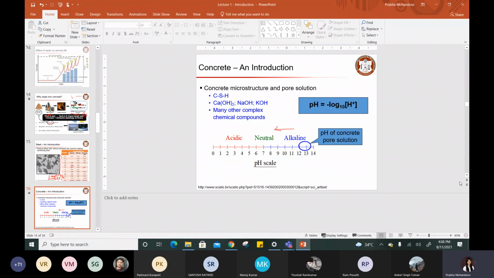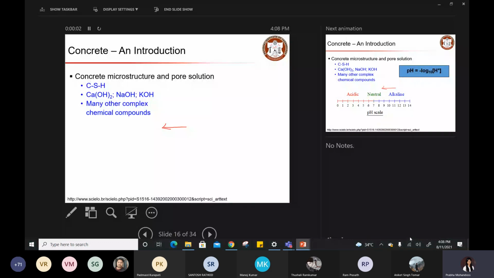And in today's class, we look at what is concrete, right? So what is concrete? So you have studied in your previous course.